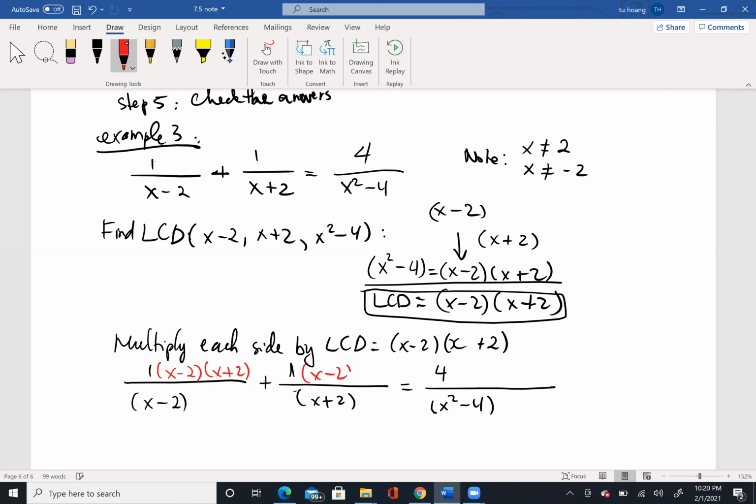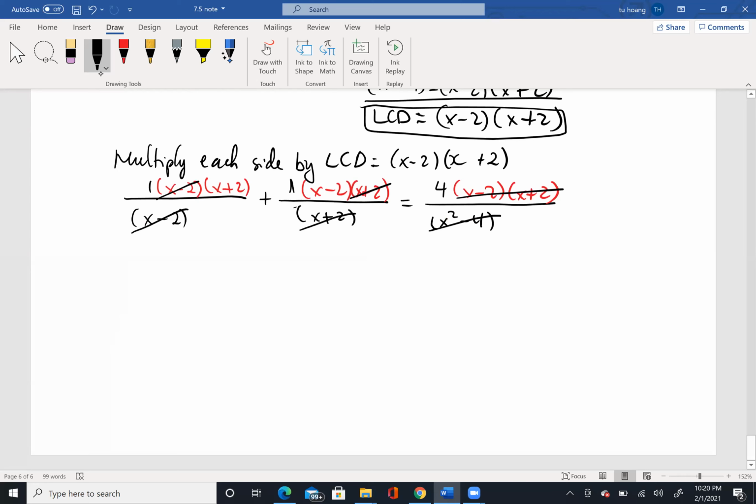You can cancel the first term with x minus 2, the second with x plus 2, and the third uses both, because that equals x squared minus 4. Now the left side gives x plus 2 plus x minus 2, and the right side gives only 4.